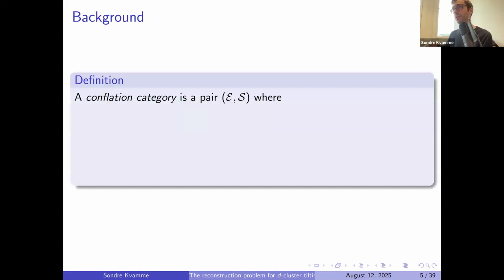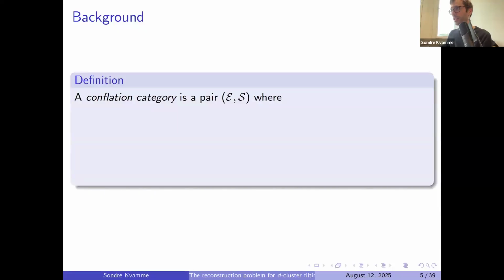So I want to tell you what an exact category is, and I want to tell you what a D-cluster tilting subcategory is. I want to start with exact categories, and an exact category is a particular example of what's called a conflation category. So I'll just tell you first what I mean by a conflation category.